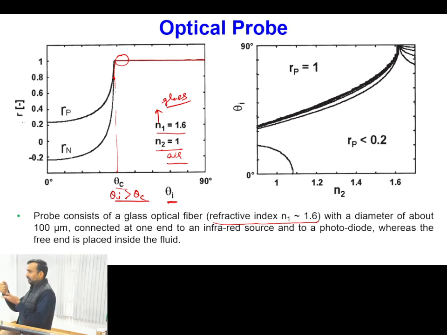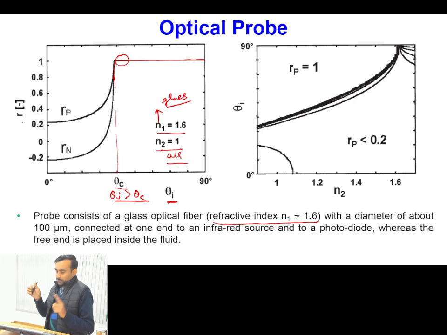If it is interacting with air, the refractive index will be 1. If it is interacting with water, the refractive index may be close to 1.33. If it is interacting with some other type of liquid, the refractive index can be different. For example, for kerosene it will be, I think, 1.6 or 1.4, something like that.